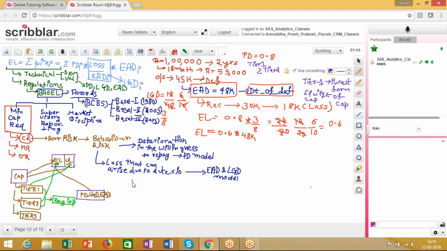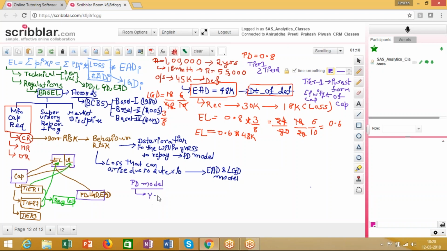So let's first have a quick look at the business problem of a probability of default model, or PD model. The biggest challenge, or the most interesting characteristic, of a PD model is that it is dichotomous in nature.